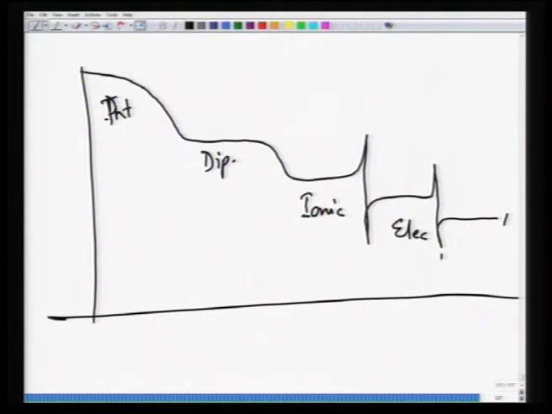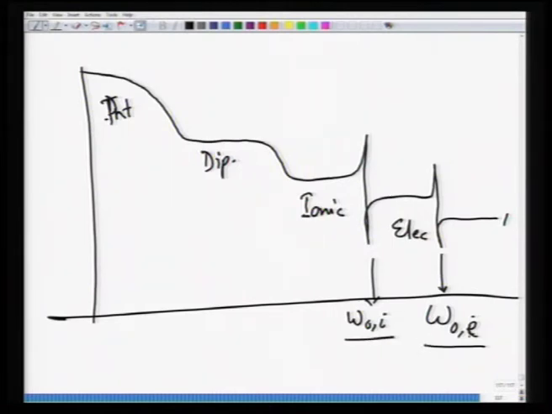So, this is where the resonance occurs. So, this is omega naught electronic, and this would be omega naught ionic.